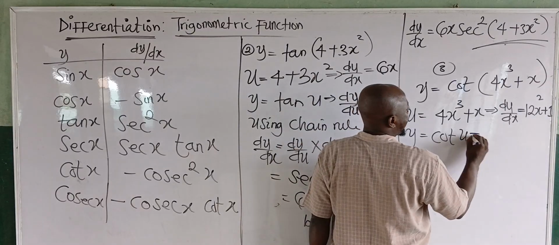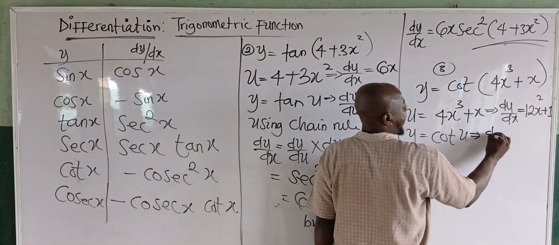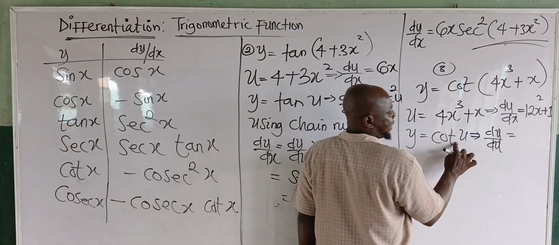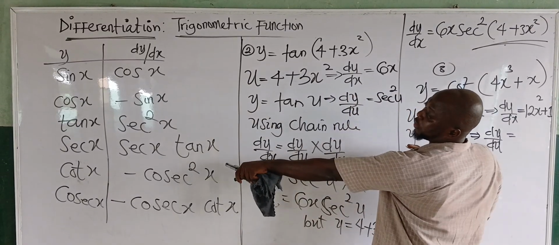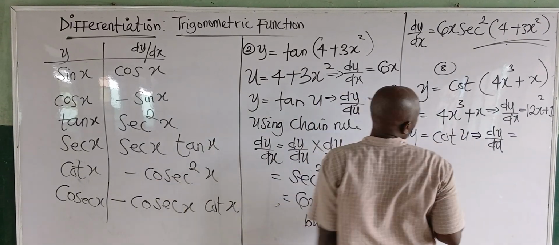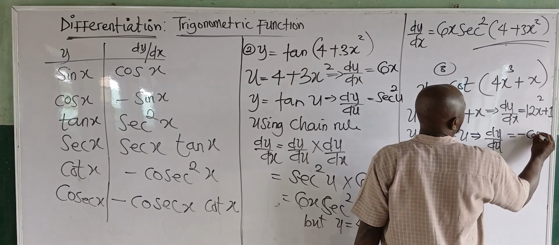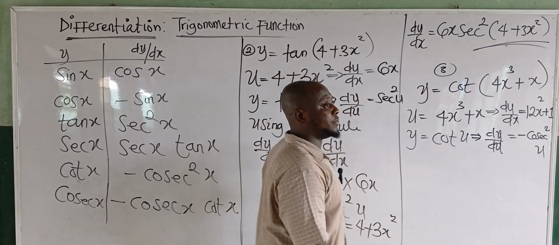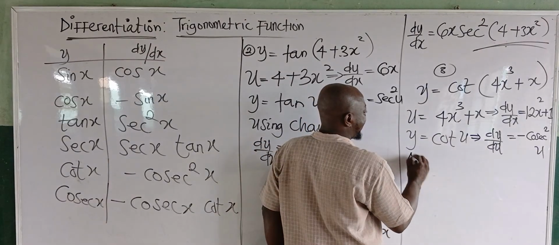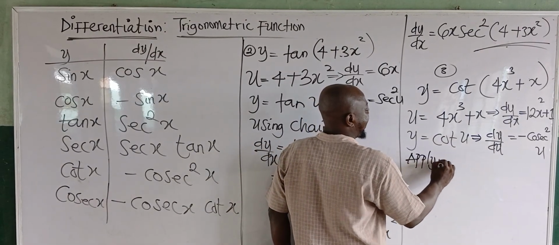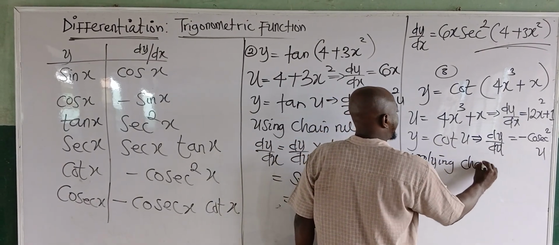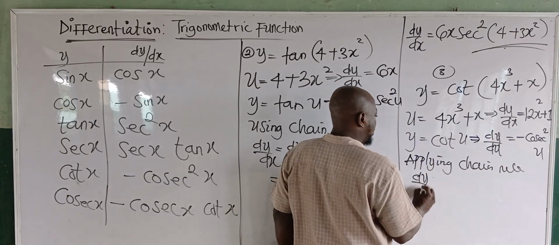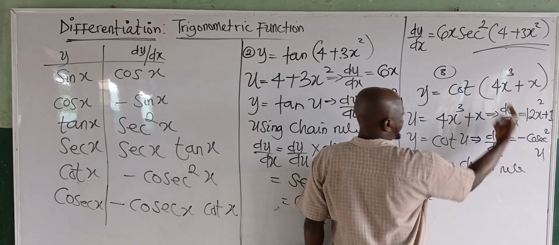Now from here, next I want to get y with respect to u. If you differentiate cot, we have minus cosec square u. Cosec square u. That's what we know. So applying chain rule, I know that my chain rule becomes just carry from down to up.